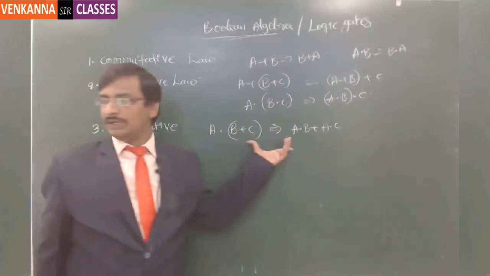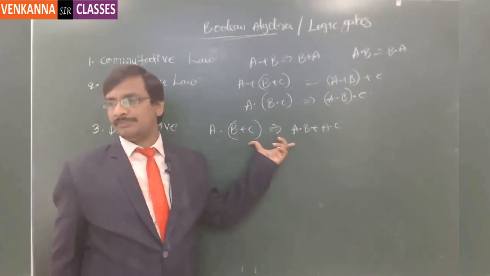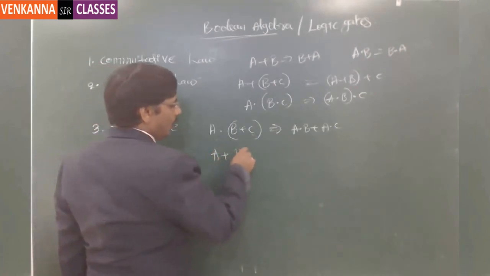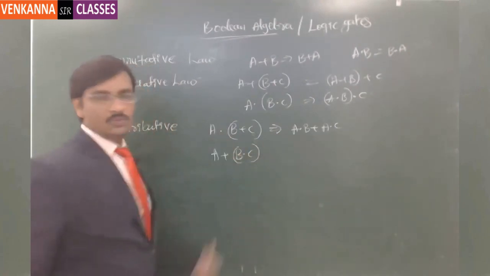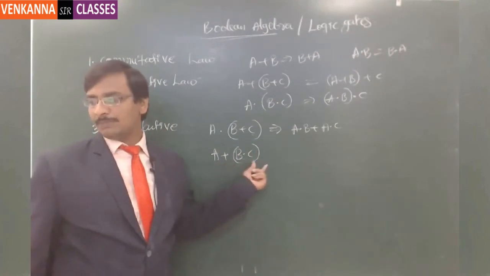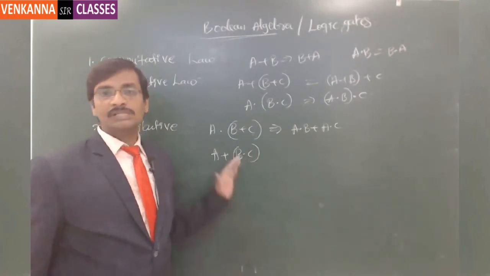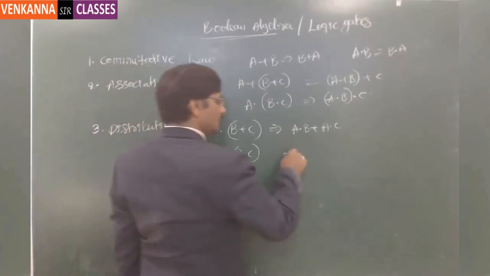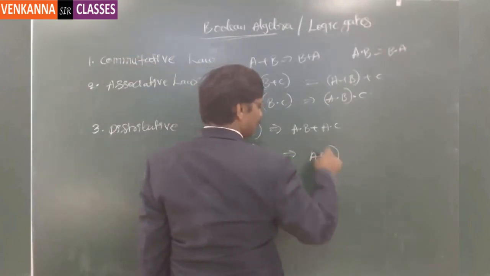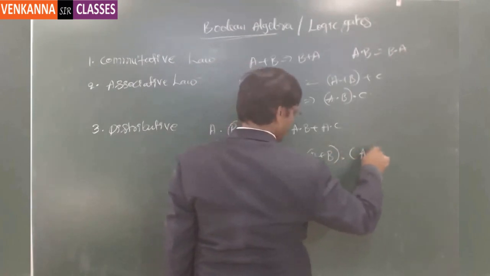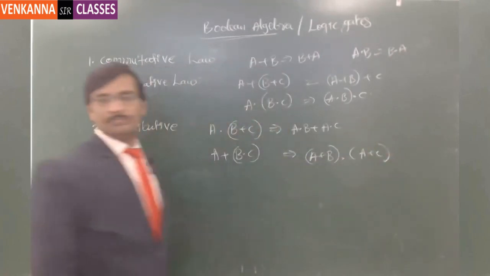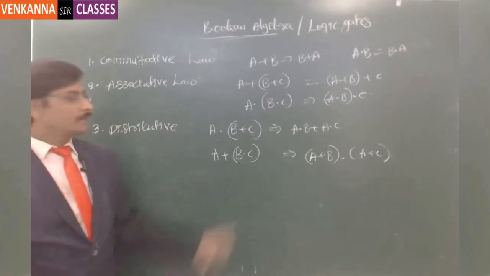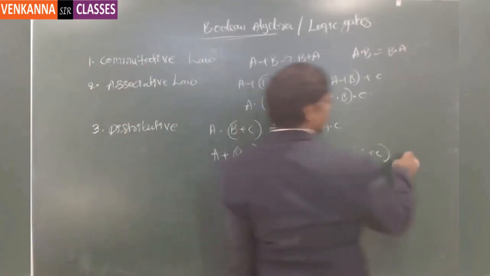This rule is also at par with normal algebra. But the difference is a plus b dot c. For this we cannot write a plus b dot a plus c in normal algebra. That is a failure case in normal algebra. But in Boolean algebra, this can be written as a plus b times a plus c. So this is different. This is applicable only for Boolean algebra.